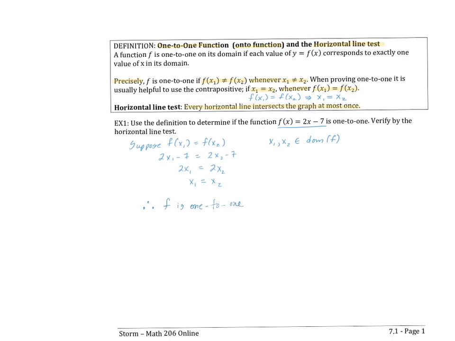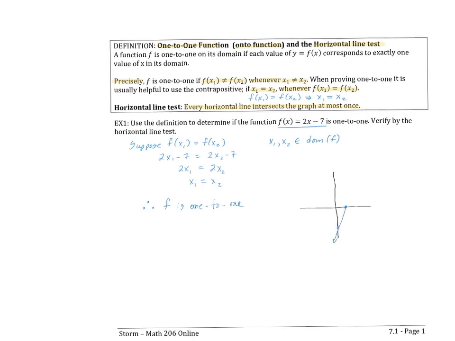Okay, and that's it. So we want to verify that this is a one-to-one function by also looking at the horizontal line test. So what I'm going to do is I'm going to do a real rough sketch, nothing fancy, of my function f. So it's a line, it's going to pass through 0, negative 7, and 7 halves, 0.